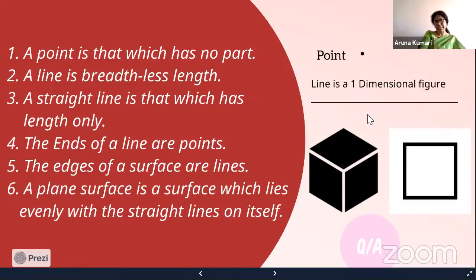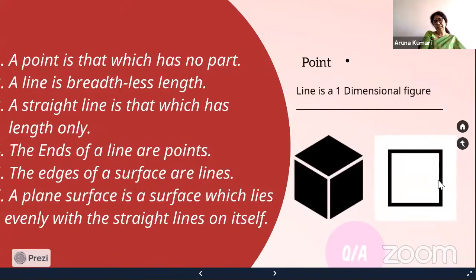Why are these undefined terms? To define these terms, we are getting one more new term. For example, this is a figure with four sides attached to each other, and they attach at each corner. And what is that? That is a point. Then what is a point? A point has no breadth, no length.